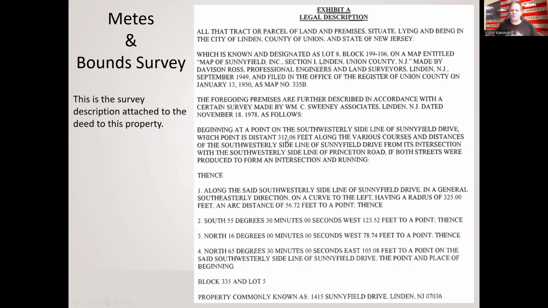So beginning at the point on the southwesterly side of Sunnyfield Drive, which point is a distance of 312.06 feet along various courses and distances. Isn't it wacky how these surveyors are able to read this nonsense and word it in this manner and be able to know what they're talking about?